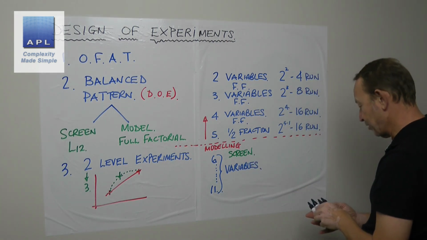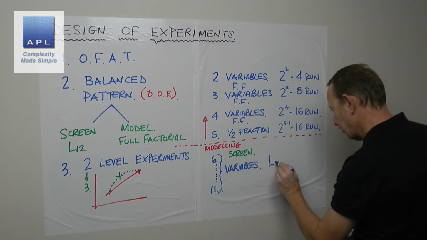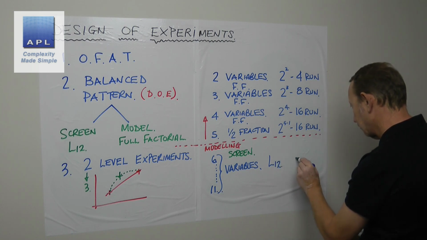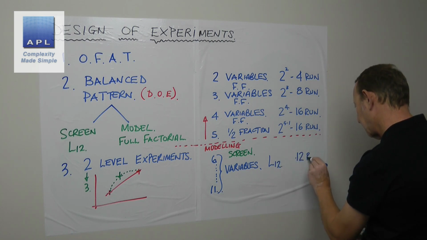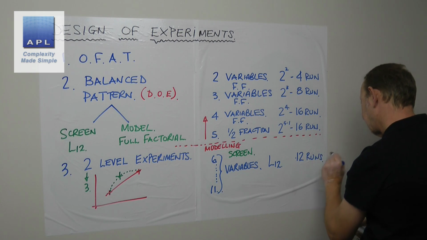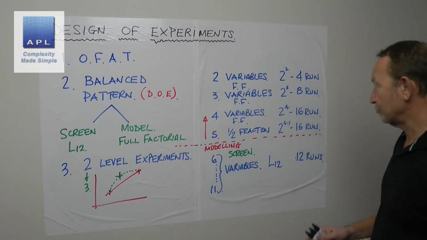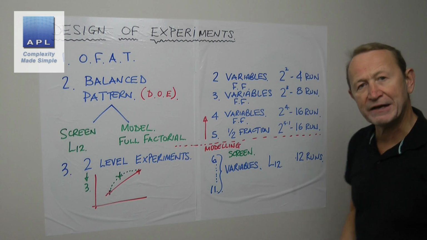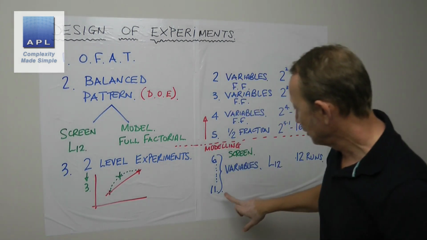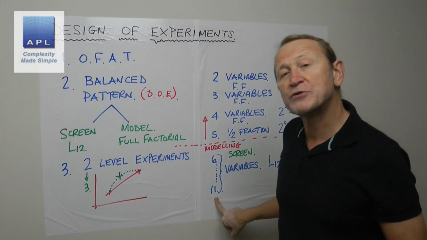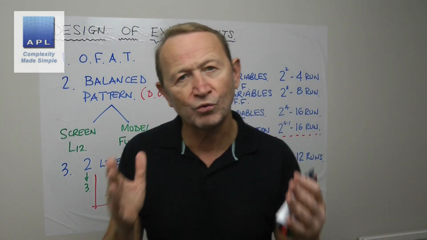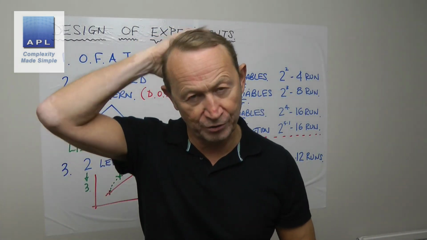And that then becomes the Taguchi L12. How many runs? 12 runs. And that's the menu I'm going to teach you. So you can go up to 11 variables with the experiments that I'm showing you.